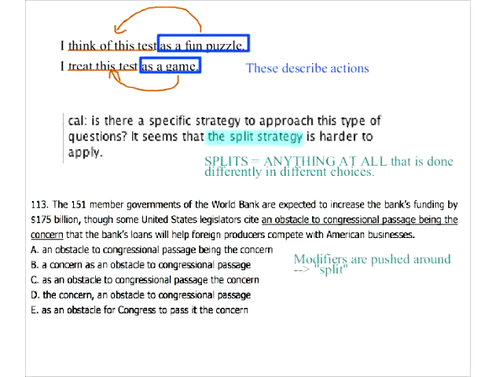If you have a concern, the concern, that's a split. If you have being or the concern or as the concern, split. I mean, when we say split, that's what we mean.